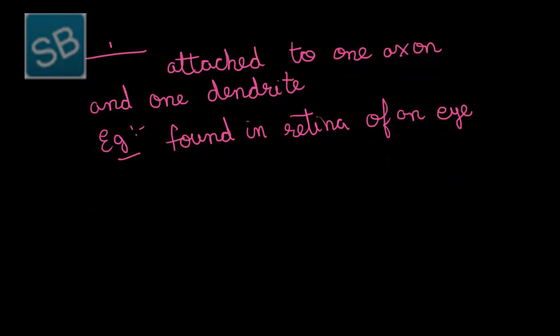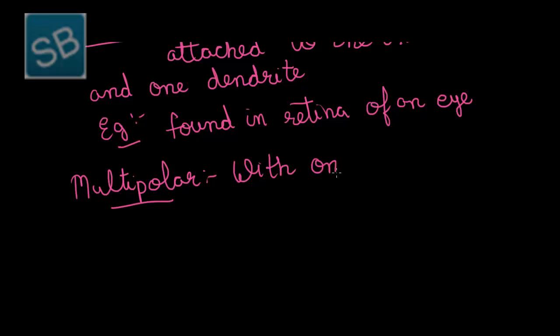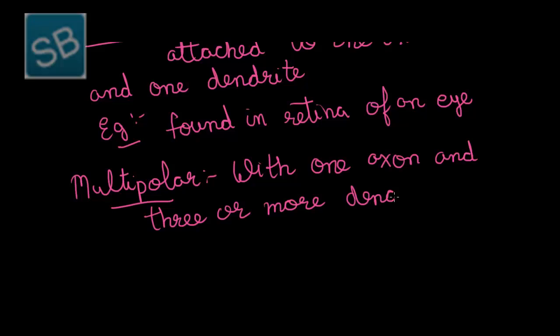The third type of neuron is the multipolar neuron, with one axon and three or more dendrites. This type of neuron is generally found in the cerebral cortex.